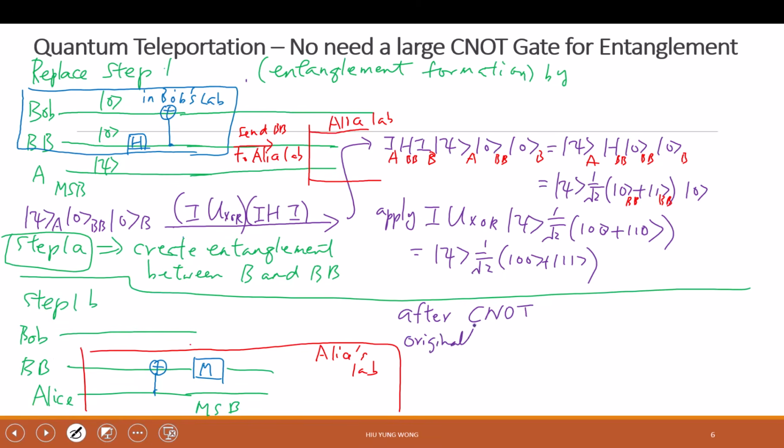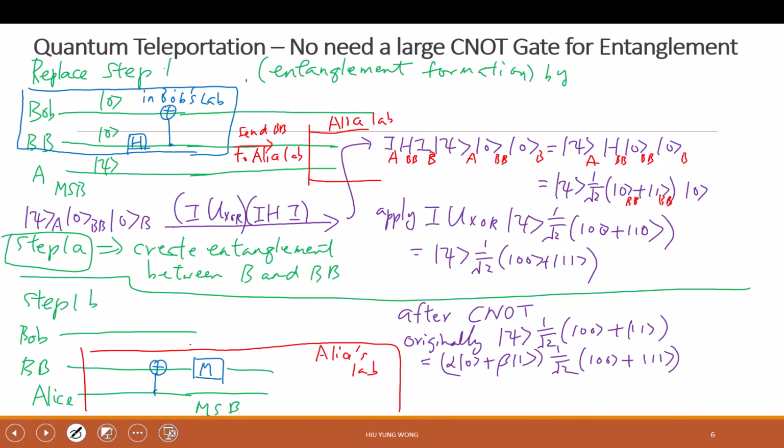Originally, you have psi, 1 over square root 2, 0, 0 plus 1, 1, right? I'm just copying this one. Is that okay? That was after entanglement. And even if you transfer the electron to Alex, you still have this state, which becomes alpha 0 plus beta 1, the whole thing times 1 over square root 2, 0, 0 plus 1, 1.